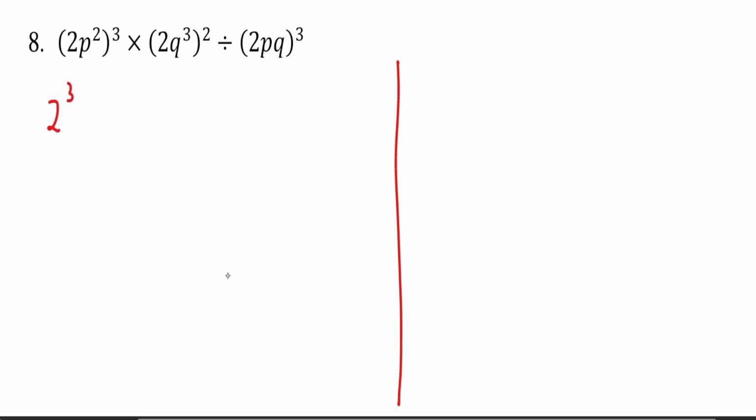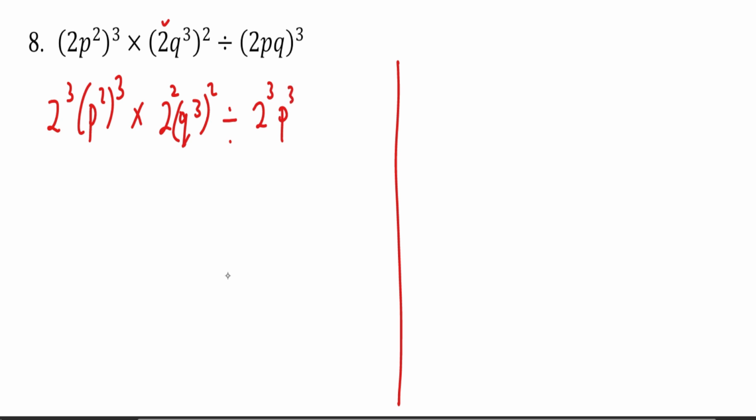So you're cubing 2, and also at the same time you're cubing p squared. Again, squaring 2, then you're also squaring q cubed, divided by obviously 2 cubed, and then we're cubing p, and you're also cubing q.